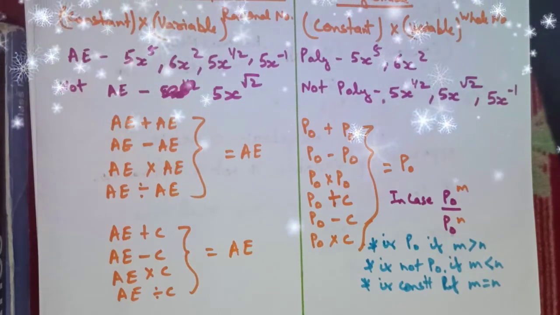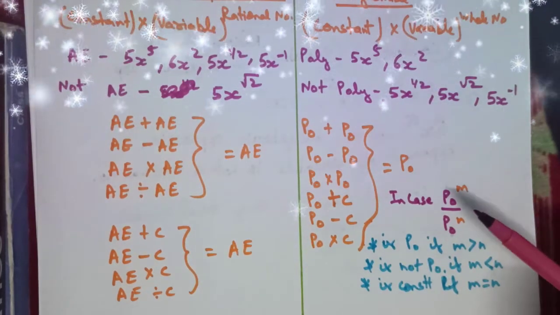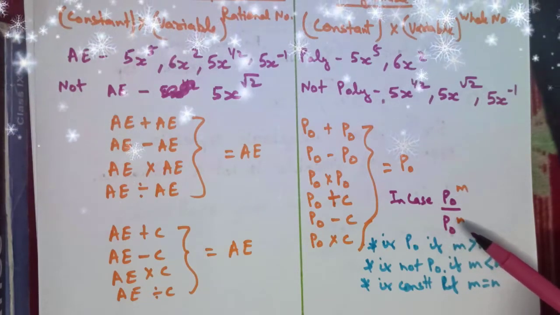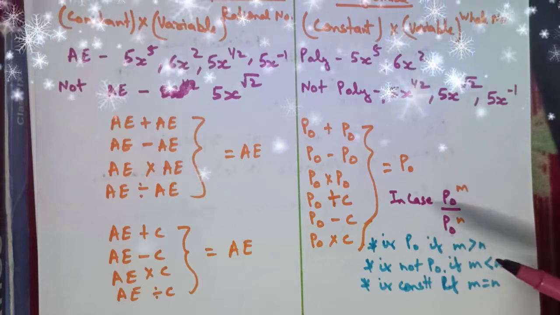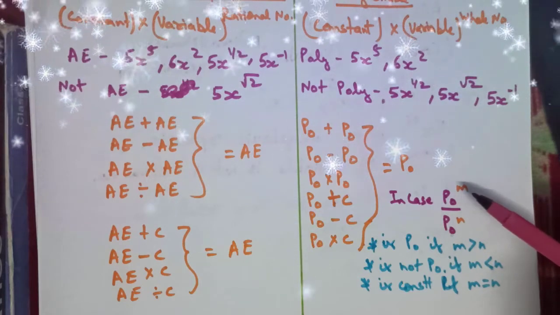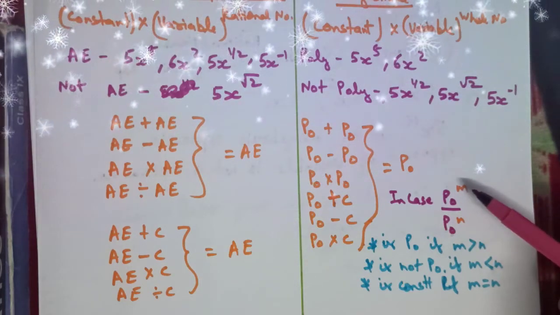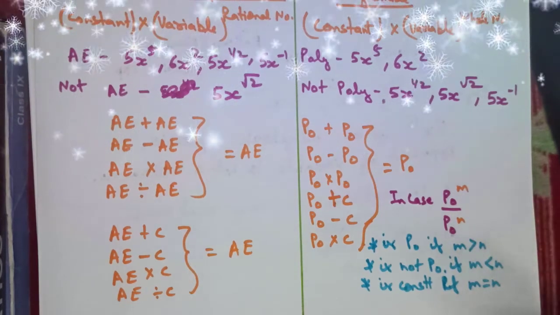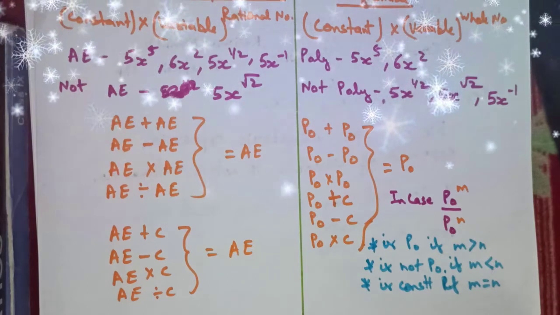Look, like a polynomial raised to the power m upon a polynomial raised to the power n. For example, x raised to the power 3 upon x raised to the power 2, so 3 is m and 2 is n, and x is the variable.